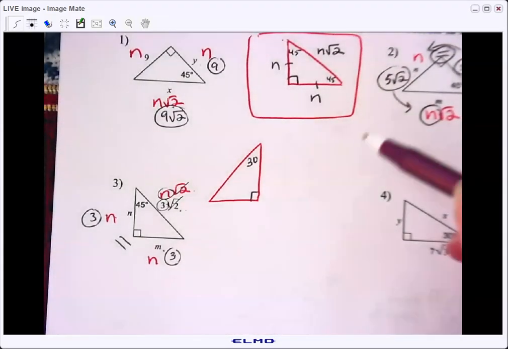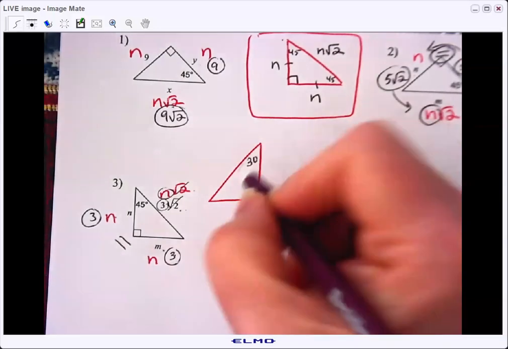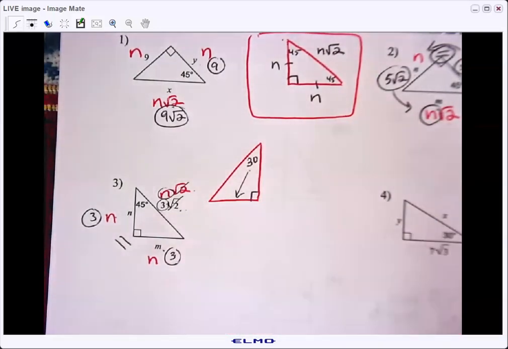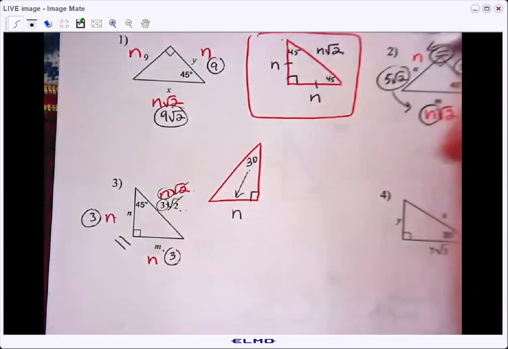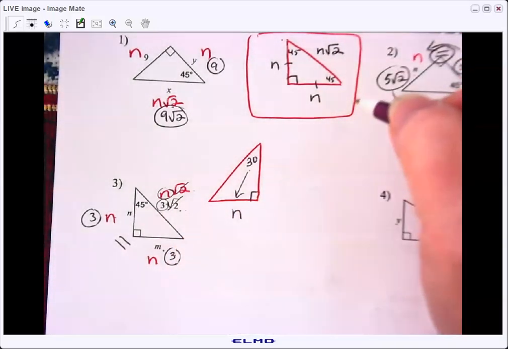So that's a 30. And remember, opposite our 30 is what? What side do we call it? That's n. Okay, this is n. That's my smallest side. And then the hypotenuse is what? 2n.